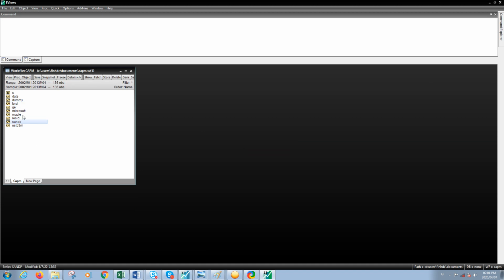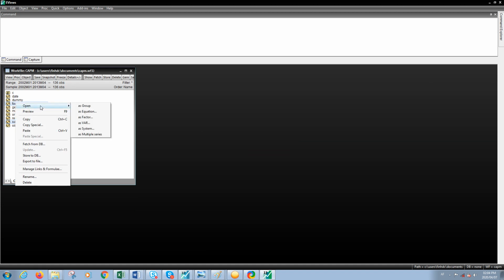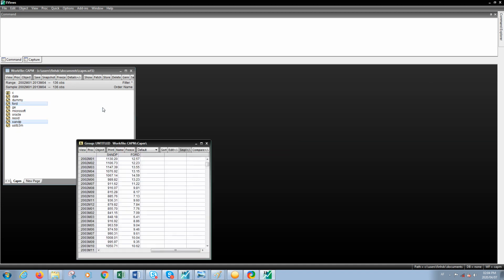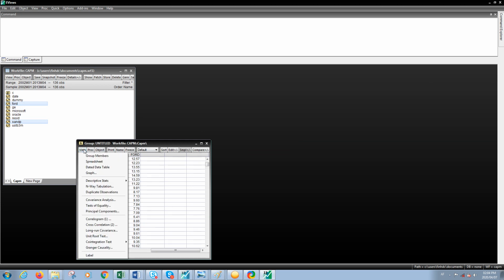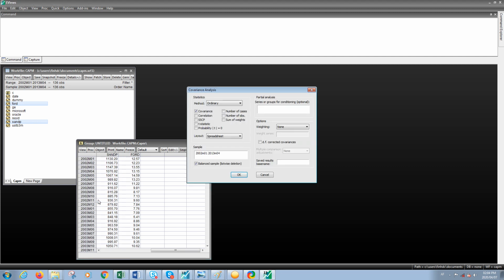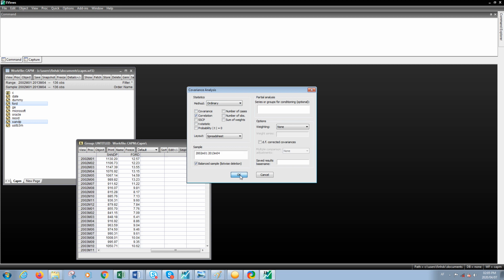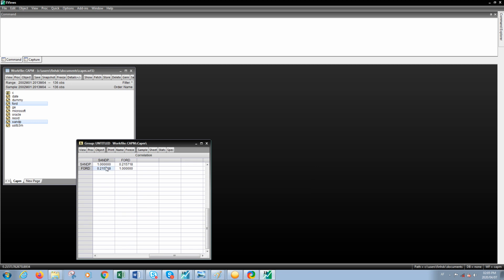You click on both, once again open as a group, and then you go to view, covariance analysis within the group, but then you deselect covariance and you select correlation, because you ultimately want to calculate the correlation between the two. You say okay, and there you've got your correlation.